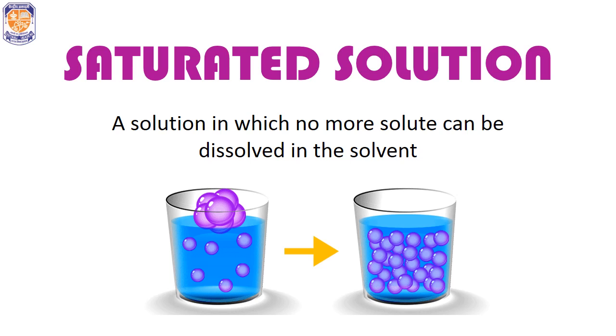But in the other glass you can see that the entire liquid is filled with the particles of solute. So this is the saturated solution. If you add more solute to this glass of water, then the extra solute will start depositing at the bottom. So this is a saturated solution because no more solute can dissolve in it.